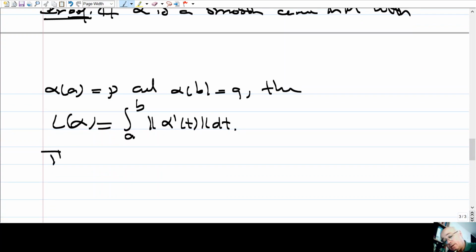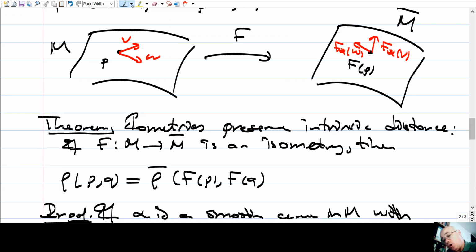Well, but then f of alpha is a curve in M bar because, if you have a curve here, let's say P to Q, and this is alpha, then f of alpha is a curve from f of P to f of Q, okay?